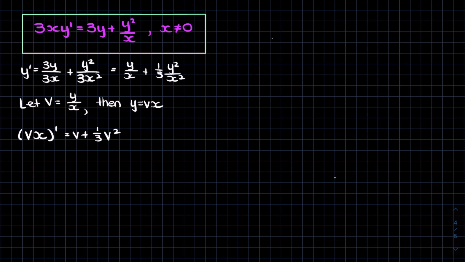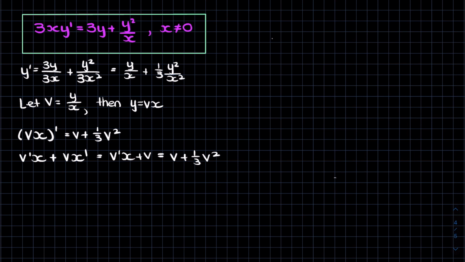And now if we expand the left-hand side using the product rule, we're just going to get v prime x plus v x prime, but x prime is just 1, so that's going to simplify again as v prime x plus v equals our right-hand side, v plus 1/3 v squared.